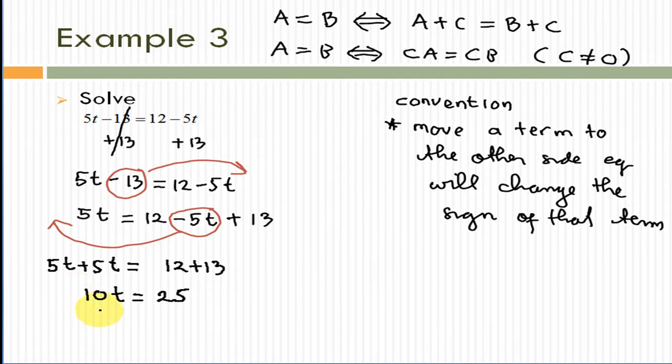Or actually, in other words, we divide both sides by 10. So after we divide both sides by 10, we have t equals 25 over 10. We simplify, if we divide by 5, to 5 over 2, which is 2.5.